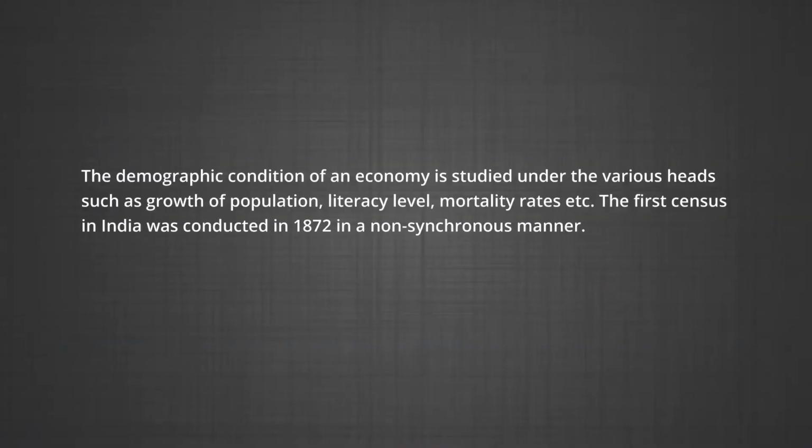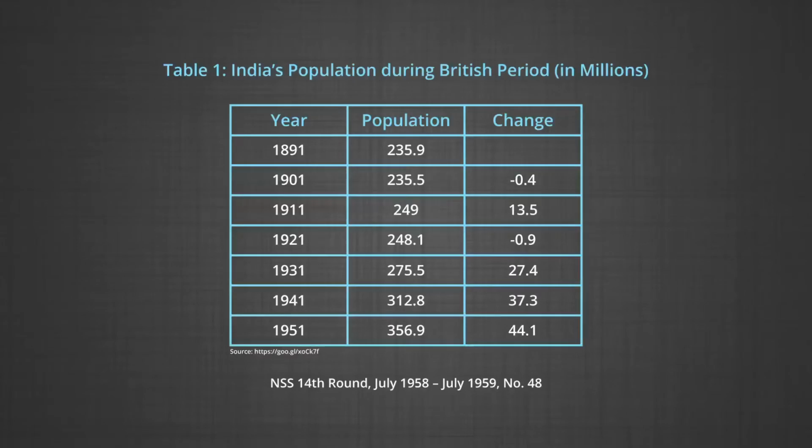Let us come to the point demographic condition during the British rule. The demographic condition of an economy is studied under various heads such as growth of population, literacy level, mortality, etc. The first census in India was conducted in 1872 in a non-synchronous manner, but various details about the population of British India were first collected through a census in 1881.